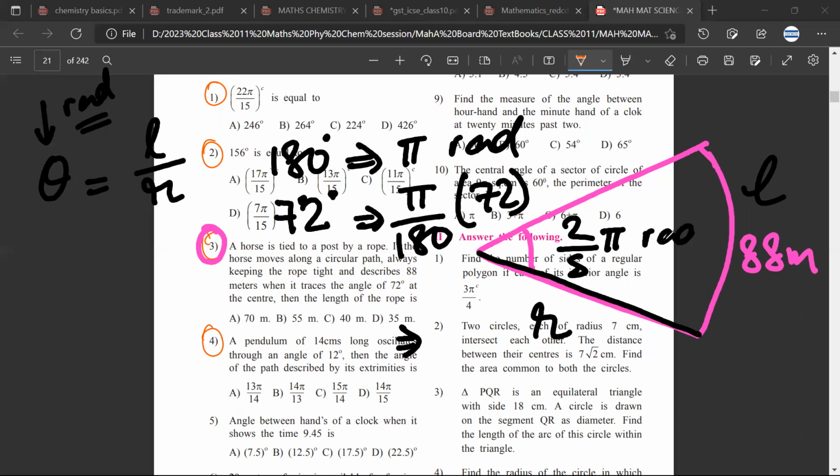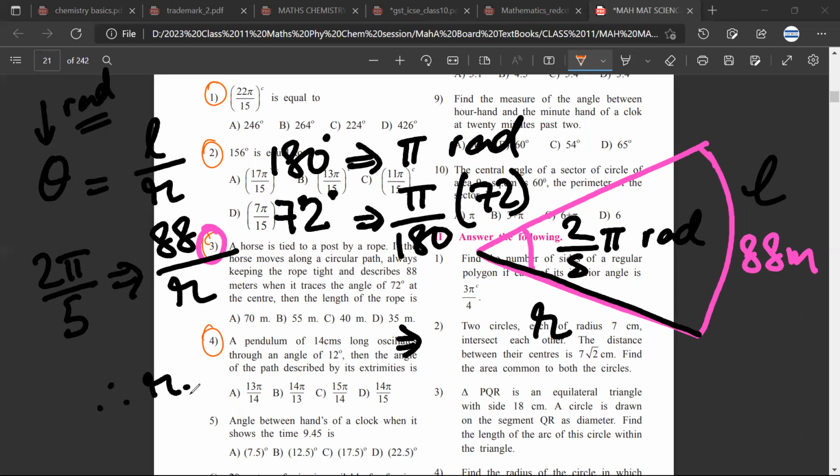So 2 pi by 5 is equal to 88 upon R. Therefore, R is equal to 88 into 5 upon 2 pi.